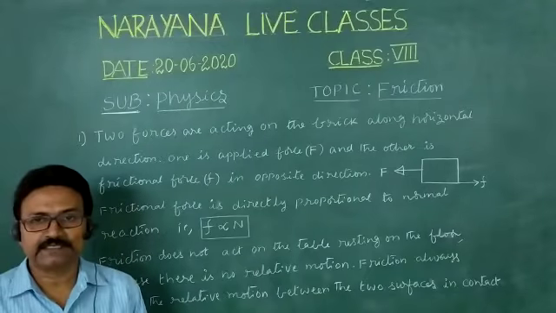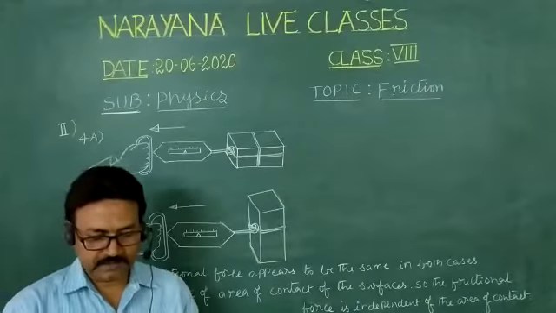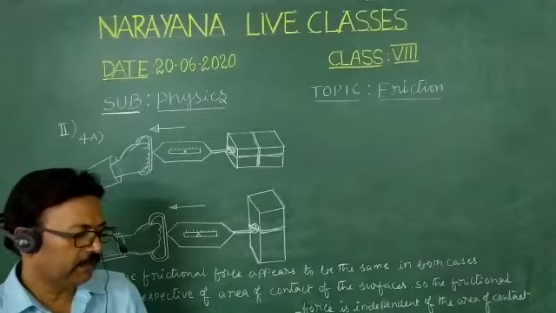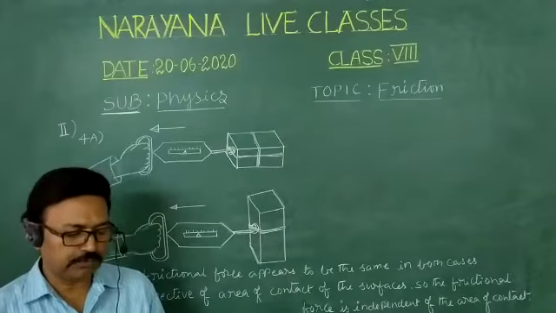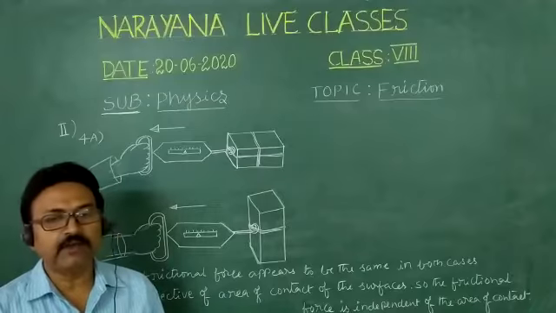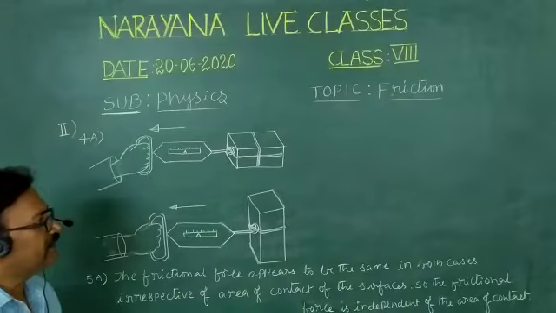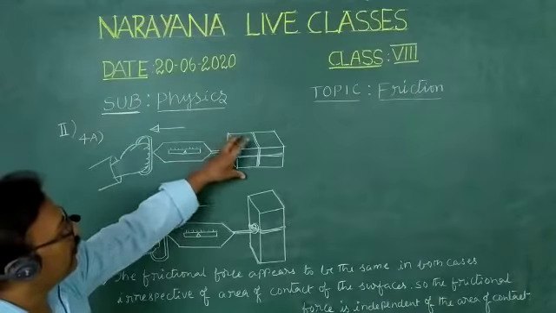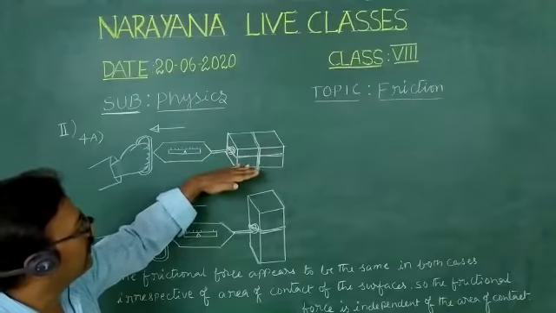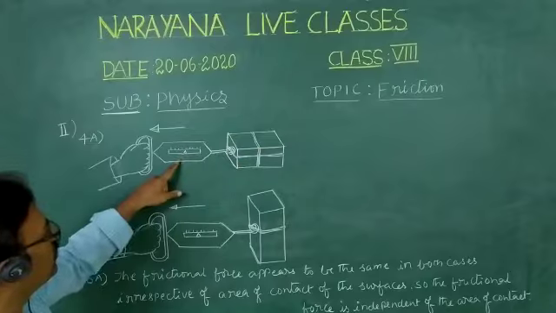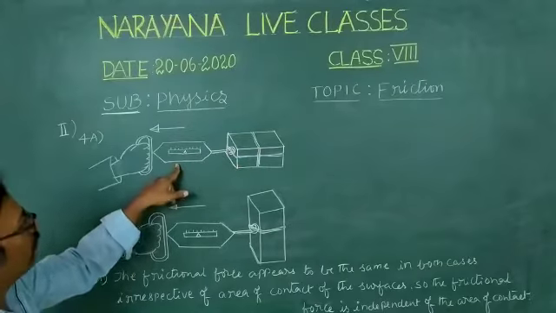Okay, next, fourth question, represent diagrammatically how the frictional force varies with the area of contact. Here, see, there is a block which is lying on its wider area, and it is connected to a spring balance.